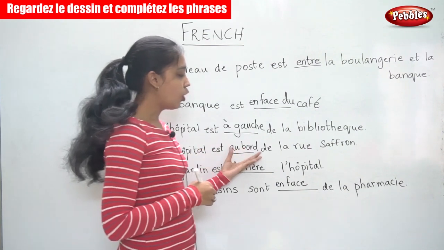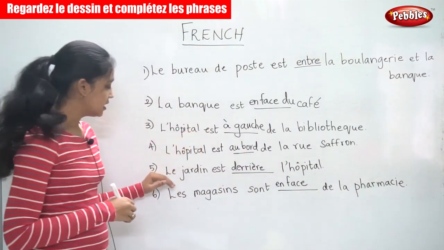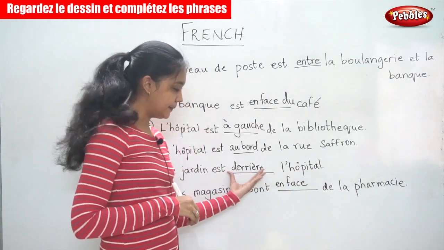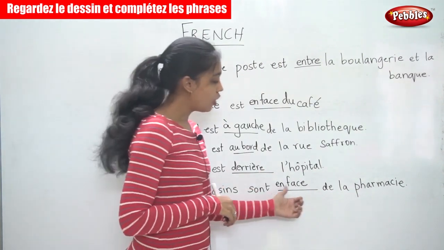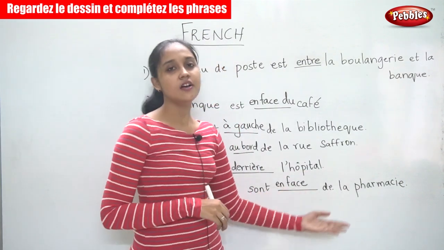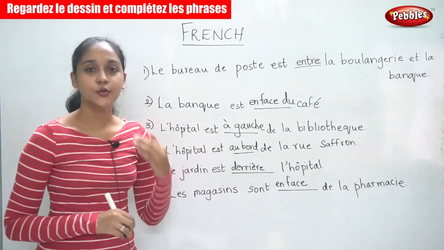L'hôpital est au bord de la rue Safran, at the end. Le jardin est derrière l'hôpital, behind. Les magasins sont en face de la pharmacie. Facing the pharmacy. So this is how you explain the road map.